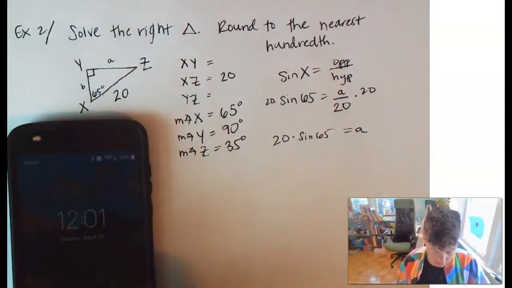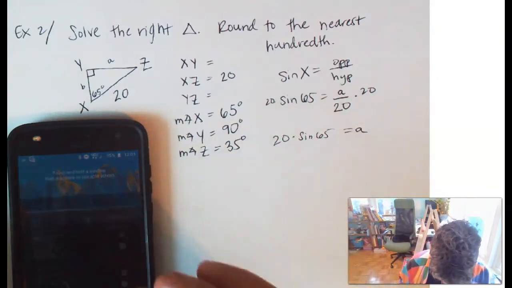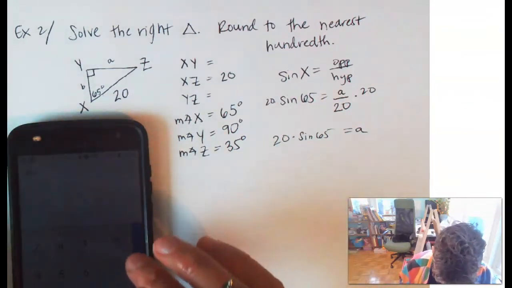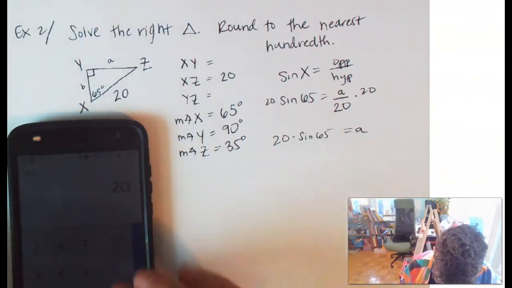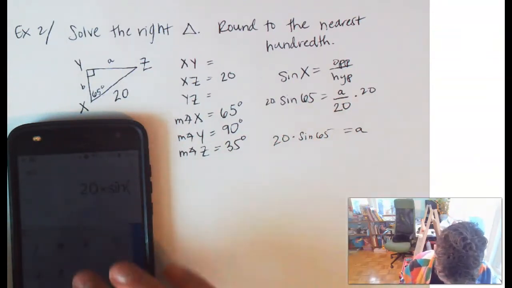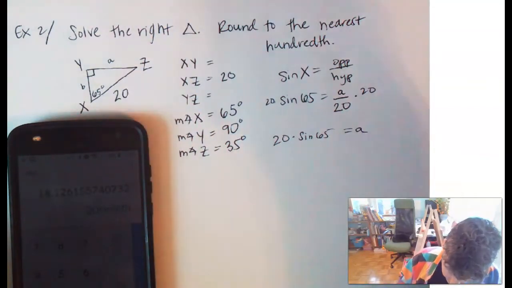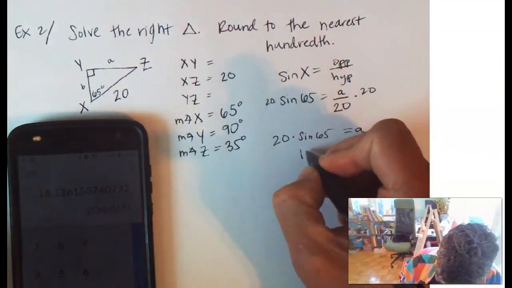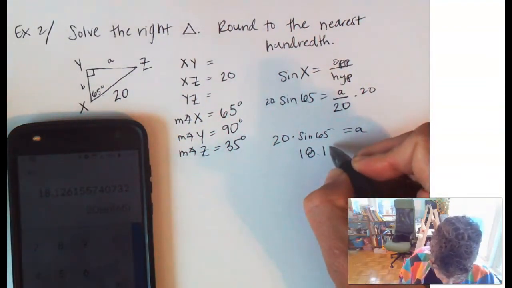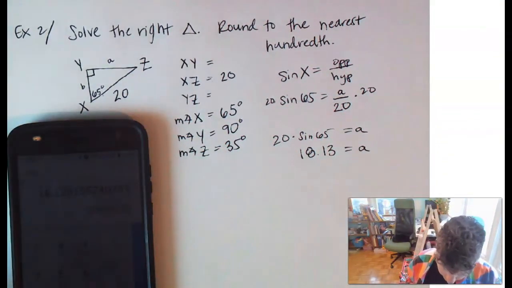Punch that into our calculator here. What, I should still have mine. That's not a calculator. That's a calculator. Great. So we want 20 times the regular sine of 65 degrees is 18 point, we said the nearest hundredth, so 1, 3 is A. Great.